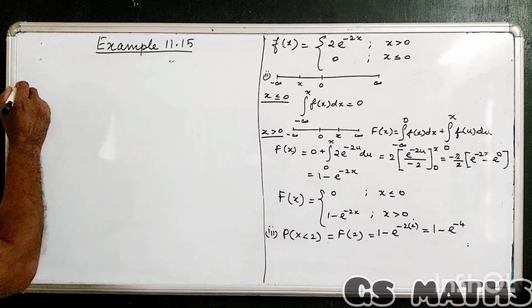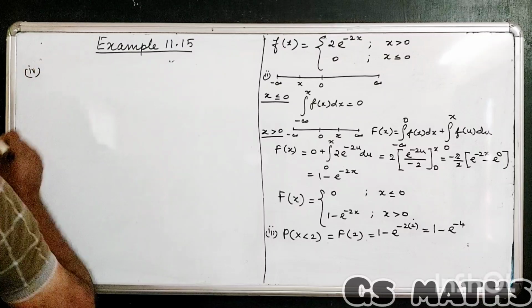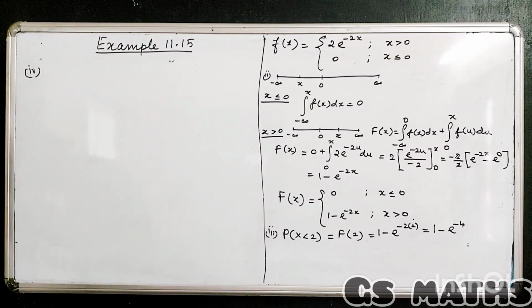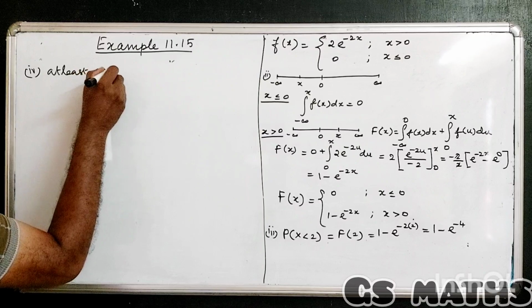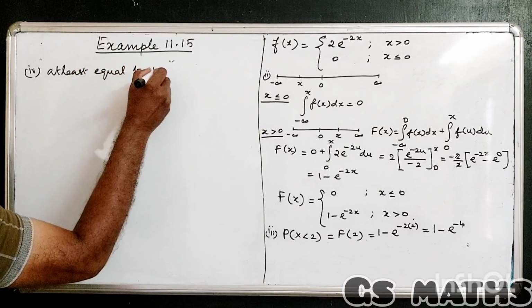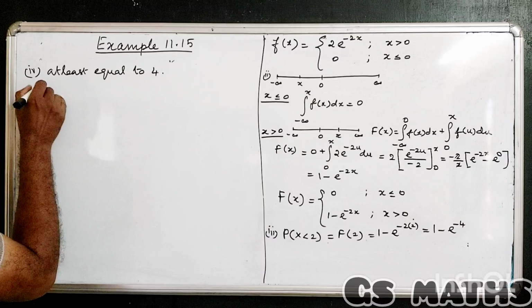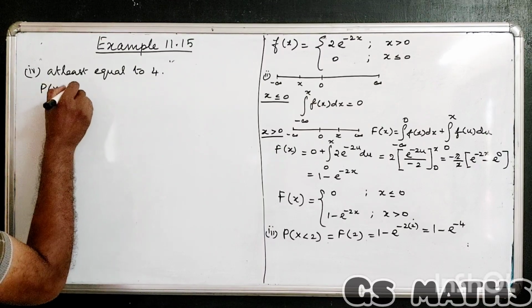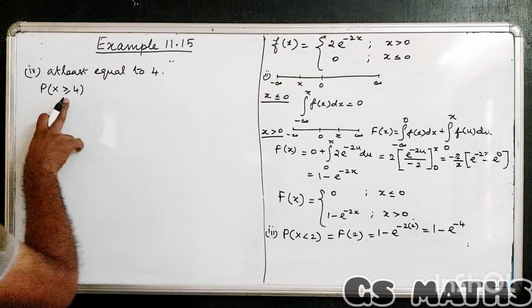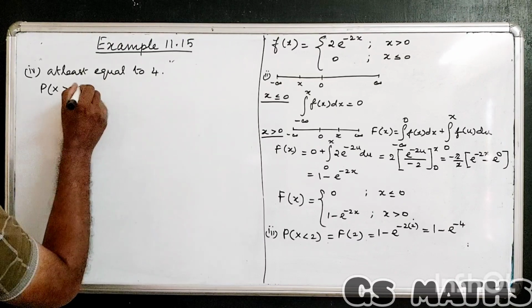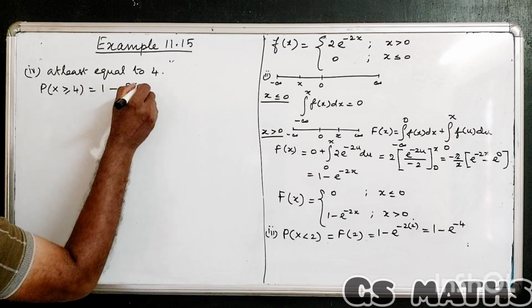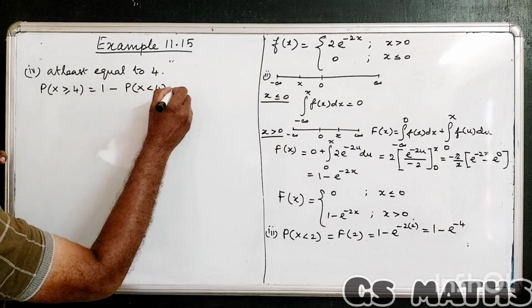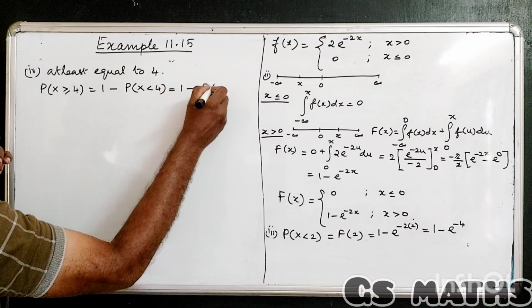Now what is the fourth part? The probability that x is at least equal to 4 units of time. At least 4 is written as P of x greater than or equal to 4. Since it is a continuous distribution, we can change it to 1 minus P of x less than 4, which is nothing but 1 minus capital F of 4.